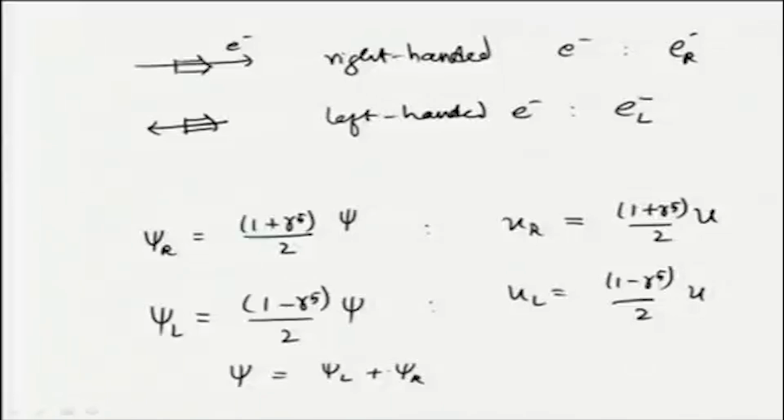This is how you can represent them, and this is the kind of thing that will come in the current, for example, when you consider only the left-handed electrons in the interactions.